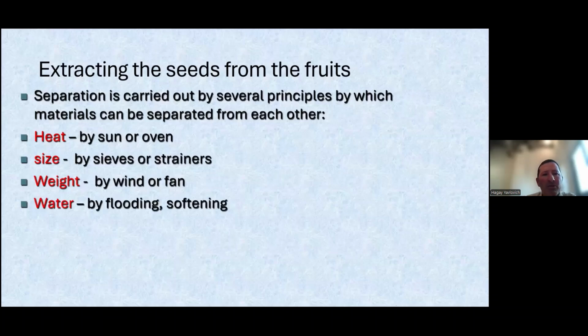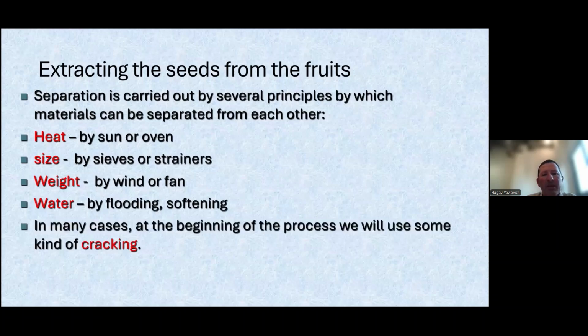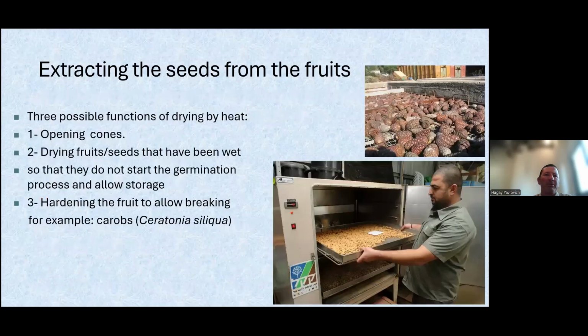And of course, you can use water if you're doing floating or sorting. And of course, you can do cracking before all those separations. And I will explain it now. Okay, let's start.